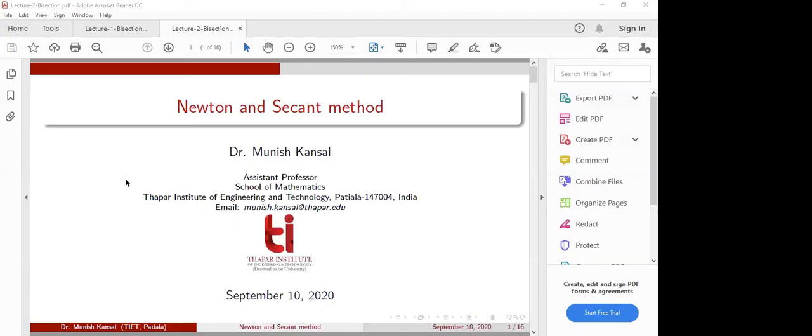Okay, so are the slides visible to you? Yes, sir. Okay. So now we proceed to the second method, that is Newton and secant method.